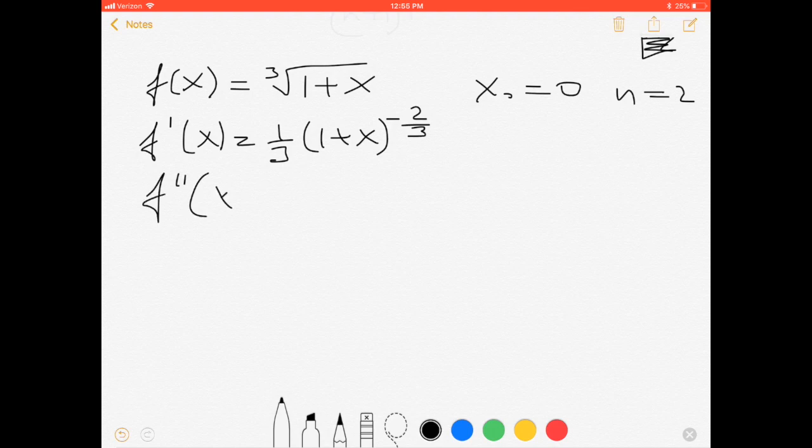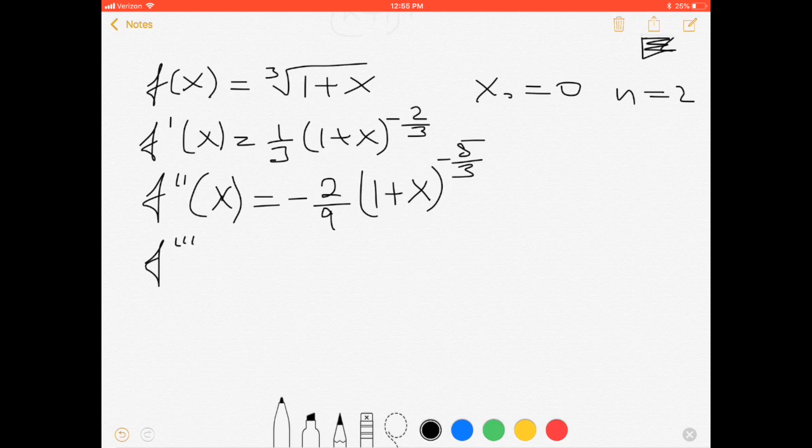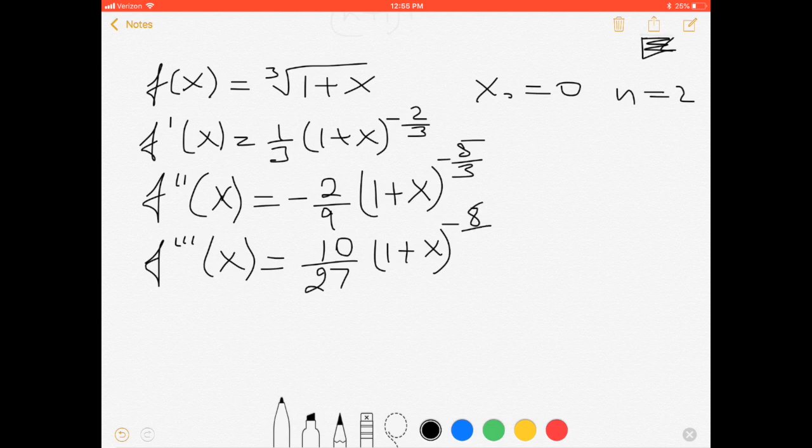The second derivative will be negative 2/9 (1 plus x) to the power negative 5/3, and the third derivative will be 10 over 27 (1 plus x) to the power negative 8/3.